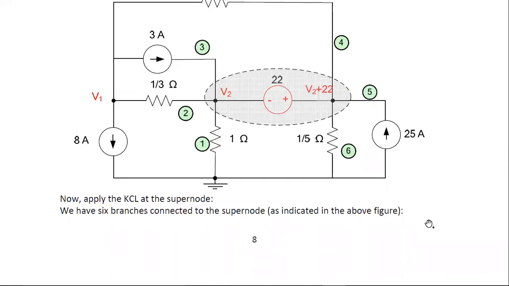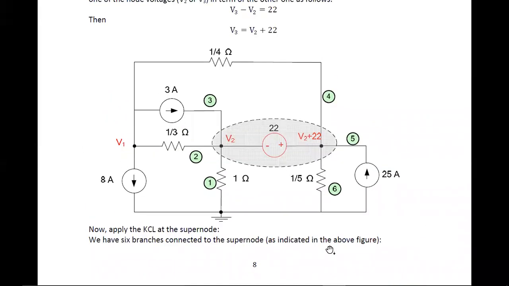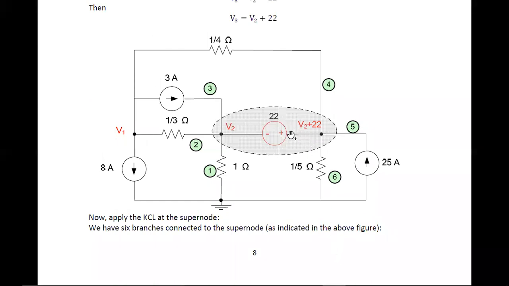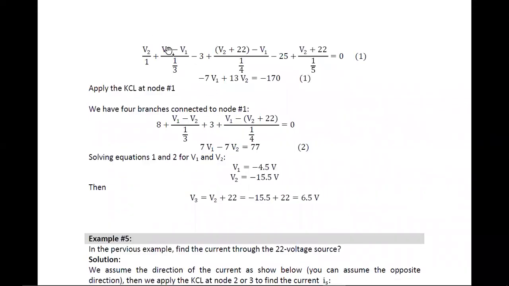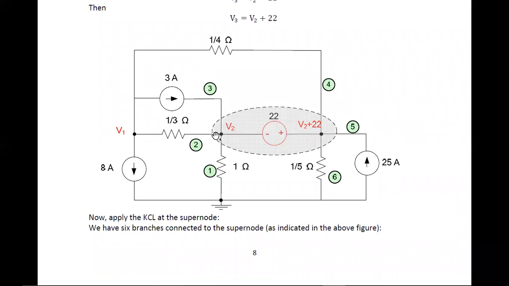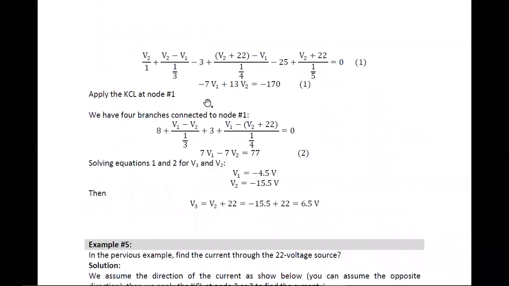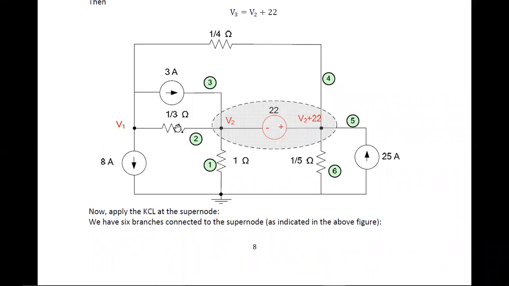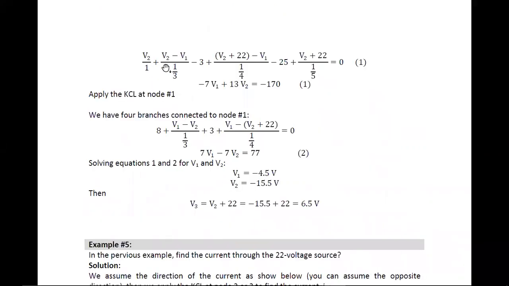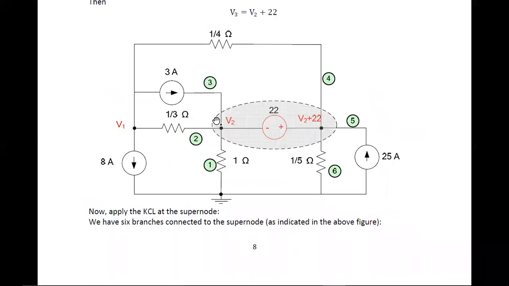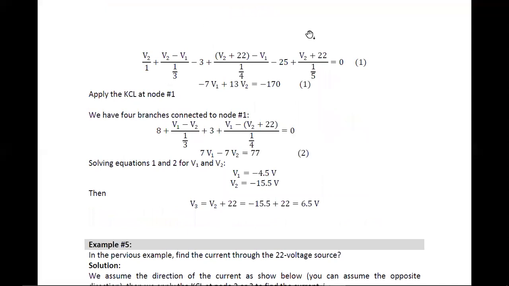Now I am going to apply it at the supernode: V2 minus V1 by 1 by 3, V2 by 1, and minus 3. Now for these three currents, 1, 2, 3, at this supernode, I am adding up these three currents.